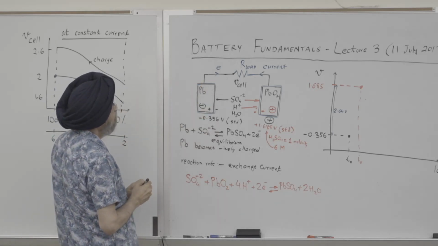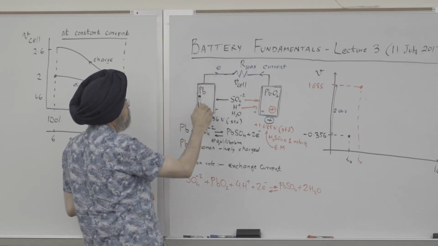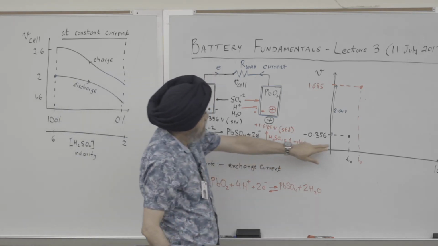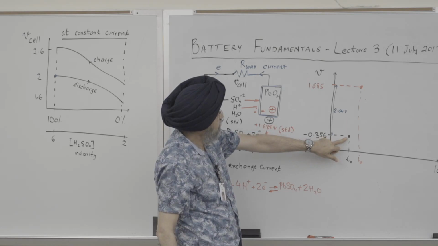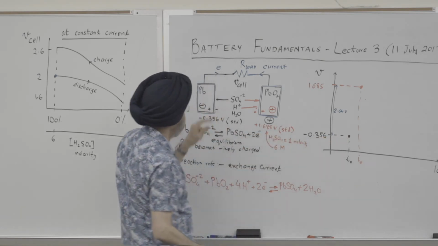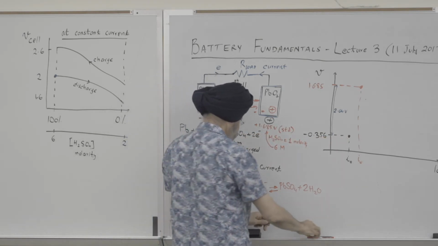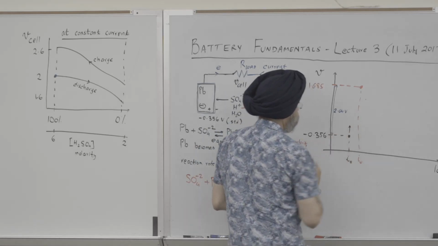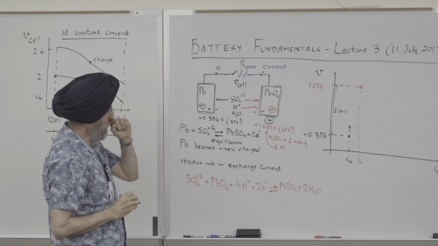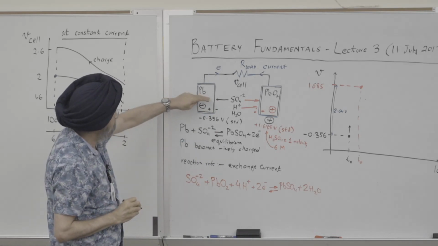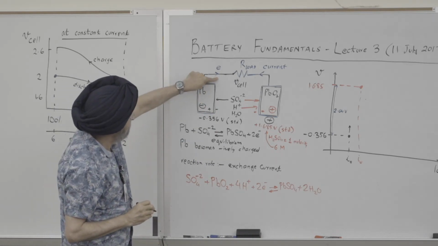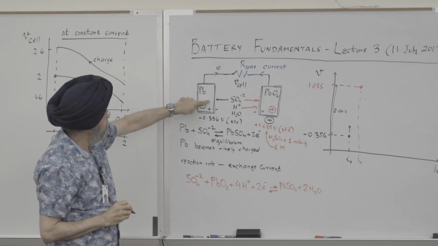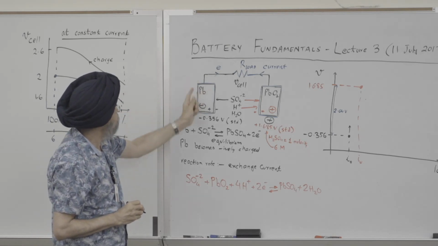But when we remove electrons from this electrode, that point will move, right? Because we're removing electrons, this point will move upwards. So because we're removing electrons from here, this is becoming positive. Plus there's current flowing.